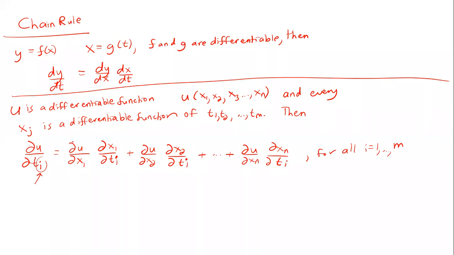And so you can see then that because each x is a function of all of these, we look at the way that the u changes with respect to each x and each x changes with respect to each i. And there you go for that.